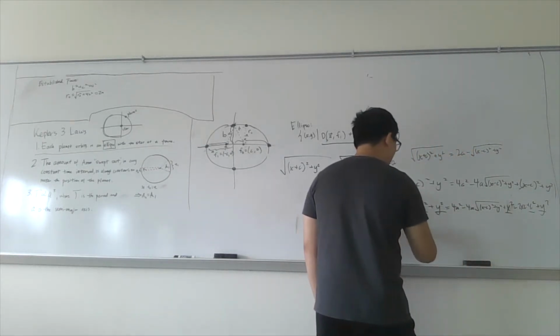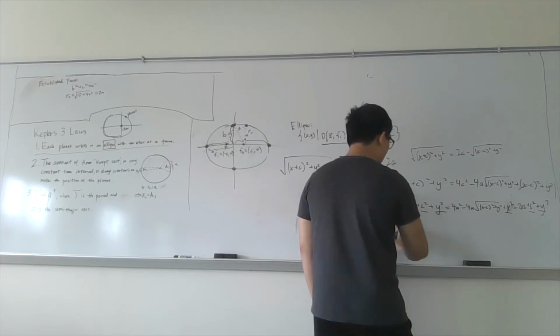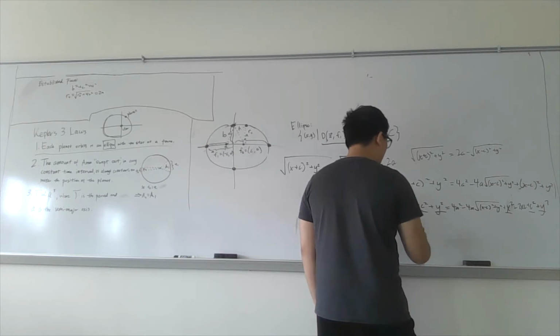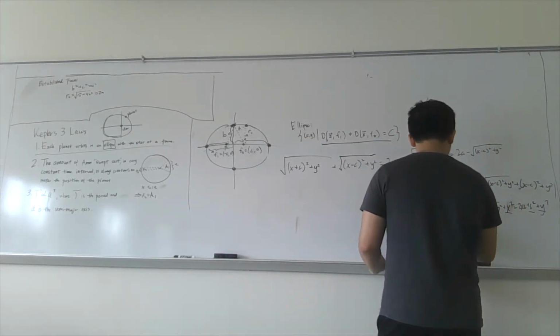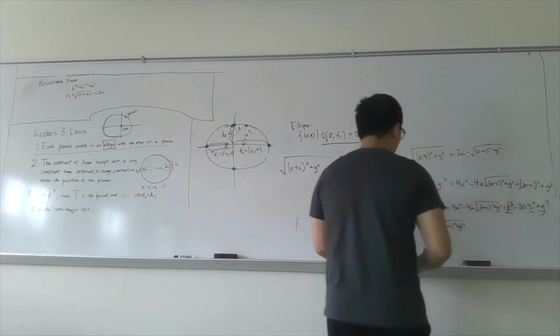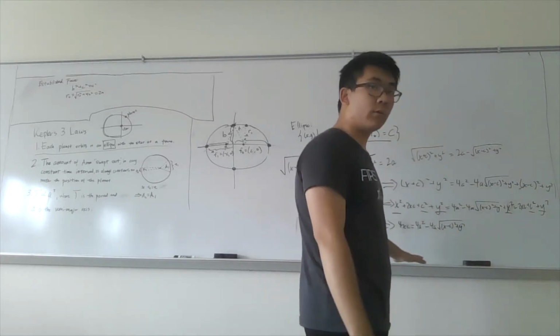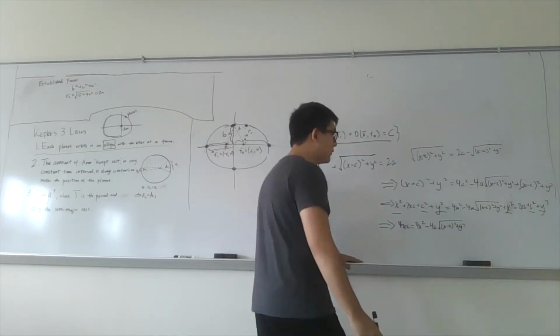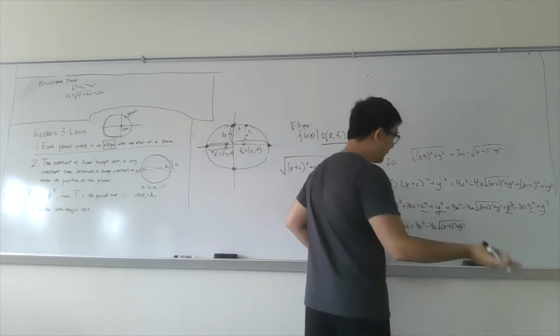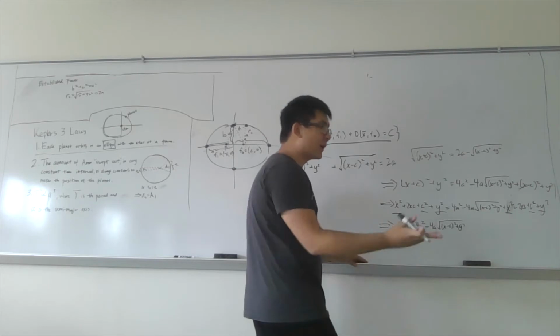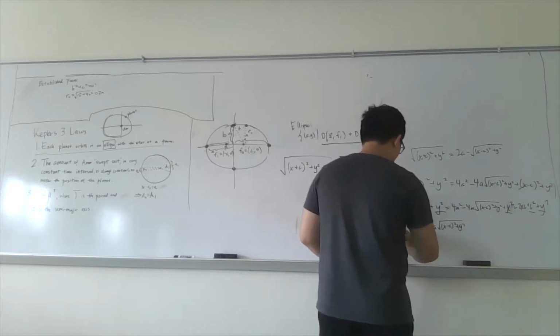So 2xc, and 4xc equals 4a squared minus this. And now we only have one square root term, which is very nice. So let's just move everything else to the left-hand side. Let's also divide by 4 because we can.